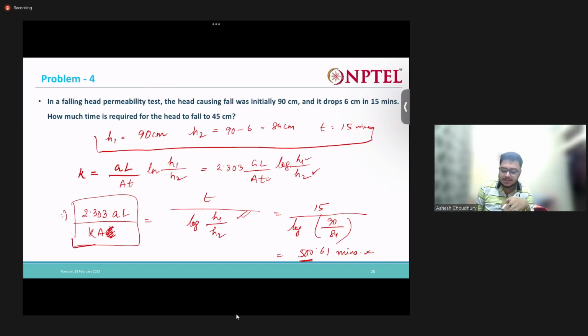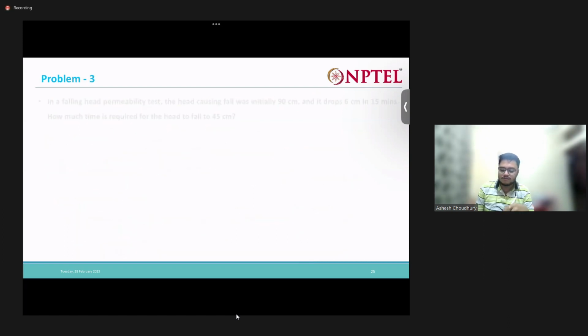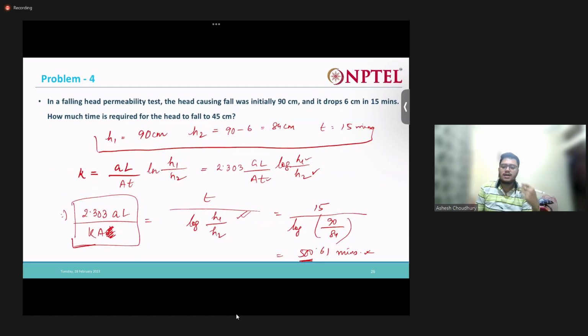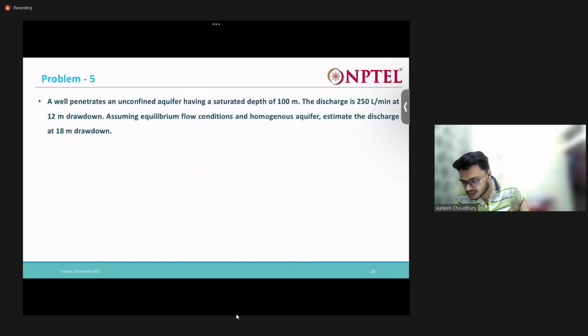So first we represented the unknowns in terms of the known, and then we used that relation to find the final answer, right? So this was the case of falling head test. The previous problem was for the case of constant head test. Now it is the case of the falling head test. These are very simple direct formula based questions. So now let us go to the next question.